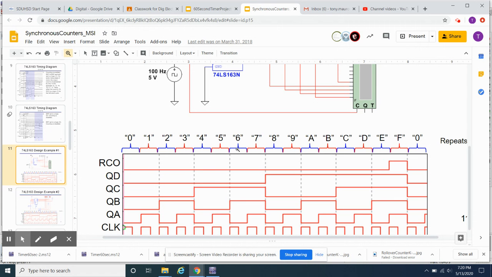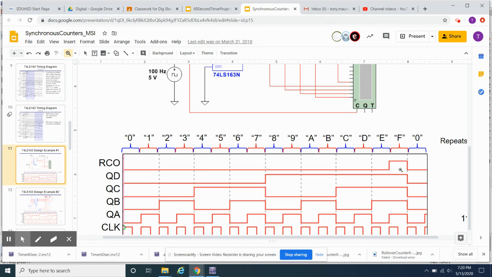It's actually subtracting 9 from 15 that would give me 6, but this minus this plus 1 will give you the number that you're dividing by, right? So whatever your terminal count is, in this case 15, minus 6 would be 9, and then plus 1 is going to give us what the actual divider is going to be.